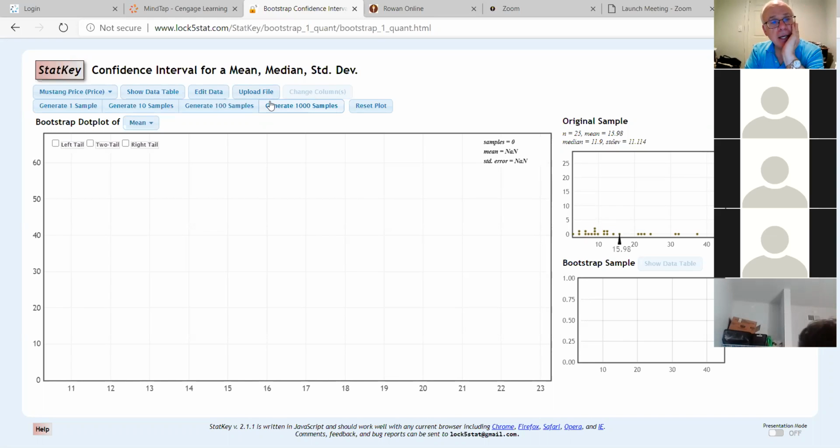There's information in StatKey about how to do this. Upload a file. I believe you can upload a CSV file, which is similar to an Excel file, or a text file. So it tells you how to do it.